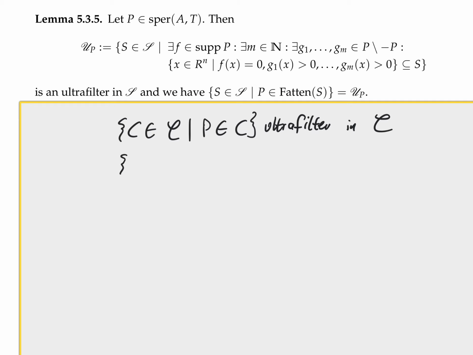of a set of all. I could say like this, I could slim the C's, right?